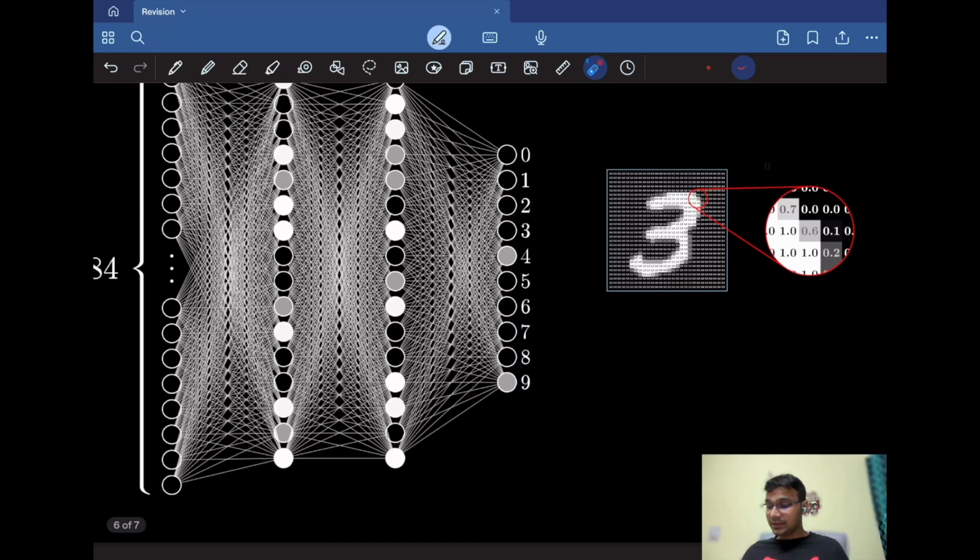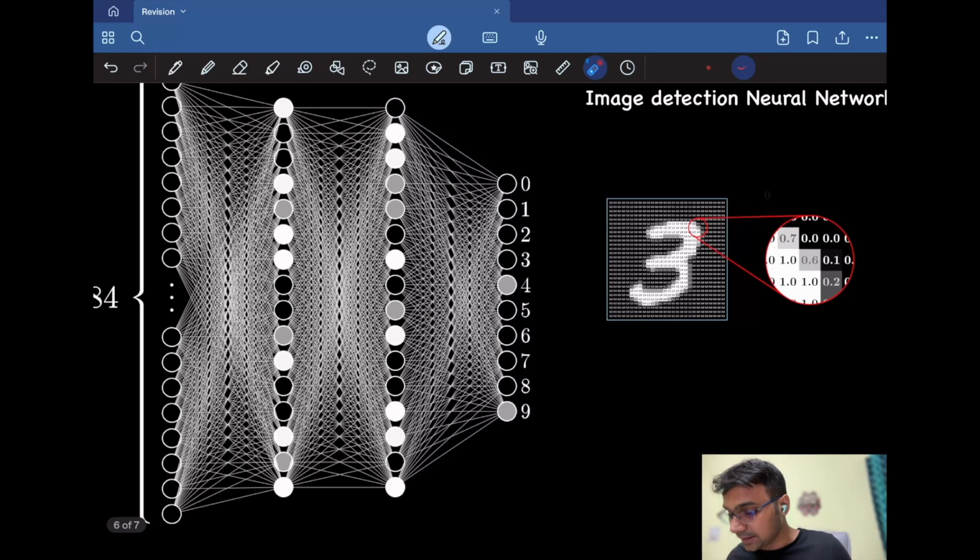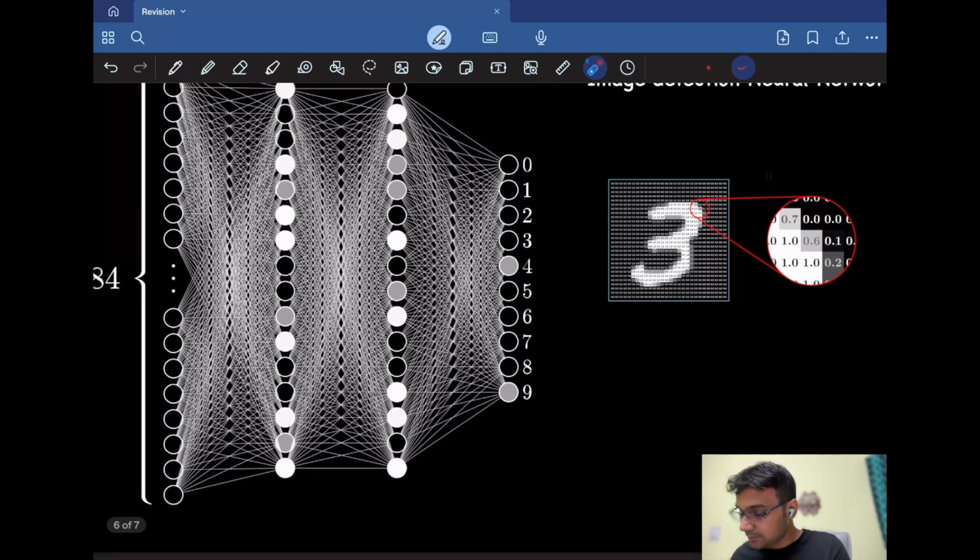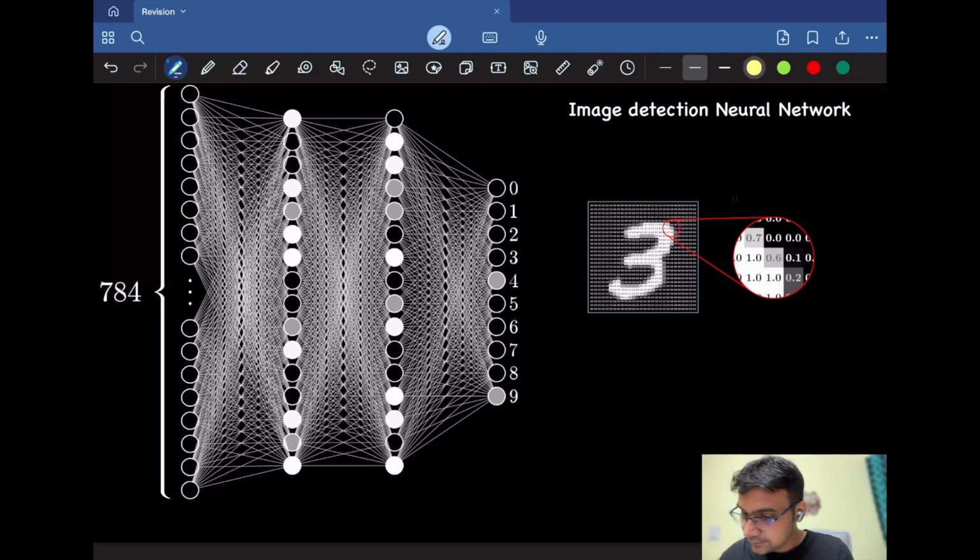Now, let's see how many parameters this neural network has. 784 is in the initial layer, and each next layer has 16 neurons. Each neuron is connected to 784 inputs, plus 16 biases.